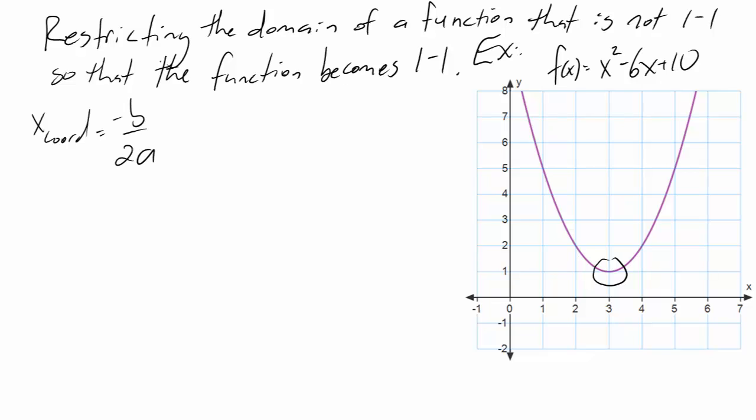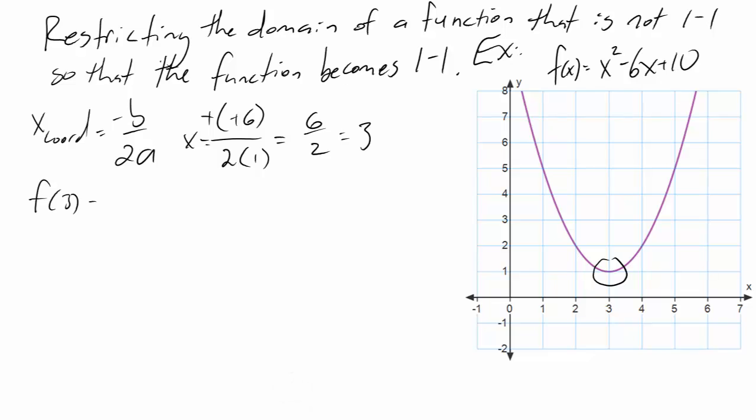In this case, b would be negative 6, so we'd have negative 6 over 2 times our coefficient for the x squared, which is a 1. So we have negative times a negative is a positive. That tells us that our x value here is going to be 6 over 2, which is a positive 3, which matches what we thought we were going to deal with here. Now to find the corresponding y coordinate, we're just going to find f of 3.